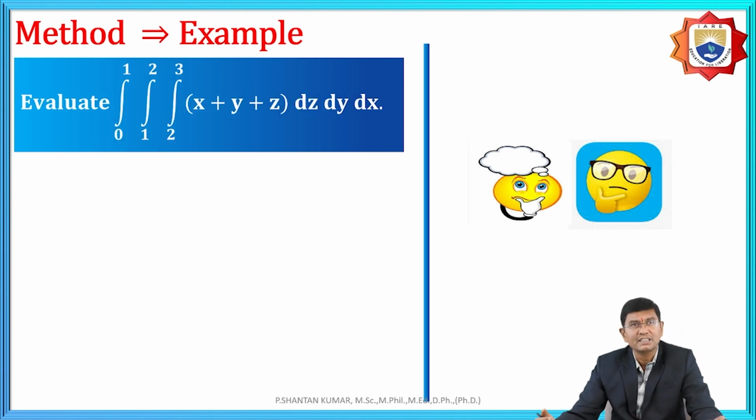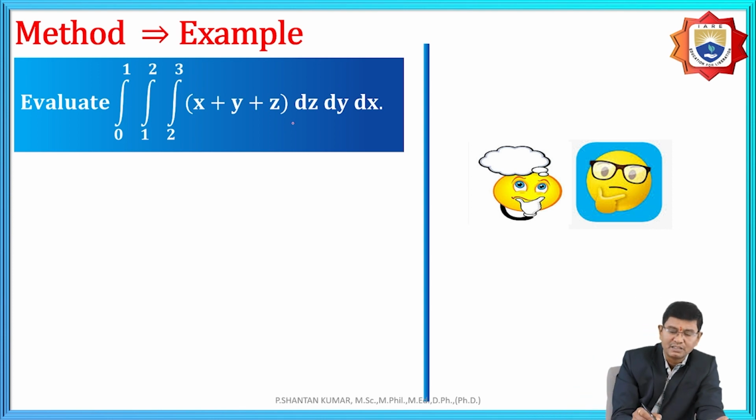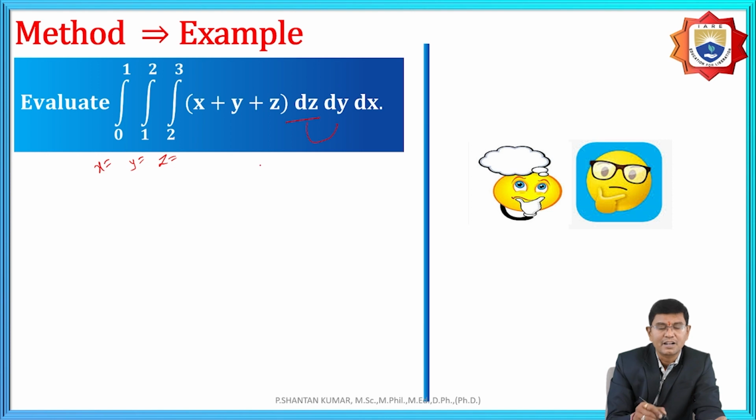For example, take 0 to 1, 1 to 2, and 2 to 3, of x plus y plus z, dz dy dx. Here first is z equal to 2 to 3, second is y equal to 1 to 2, and based upon that, x equal to 0 to 1. That is the meaning here. Inner to outer, z first. After integrating with respect to z, we replace the z limits, upper and lower.